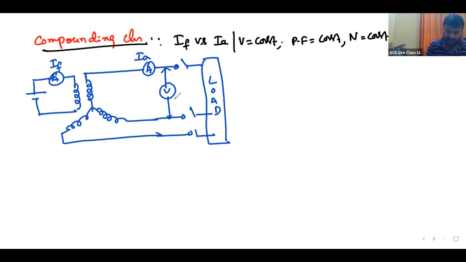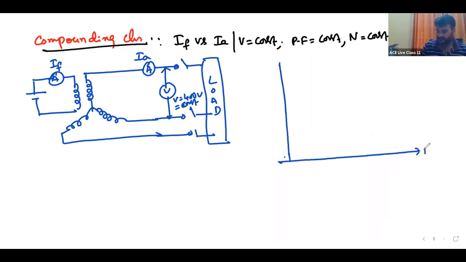V should be constant. V is equal to 400 volts. That is required constant. That has to be maintained constant. This is IA, IF. IA and IF. Okay?